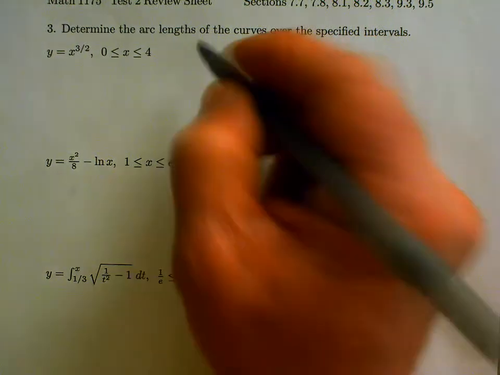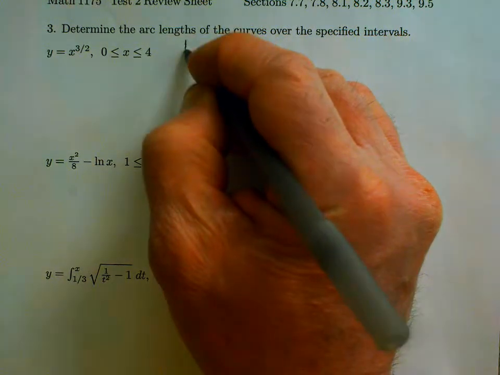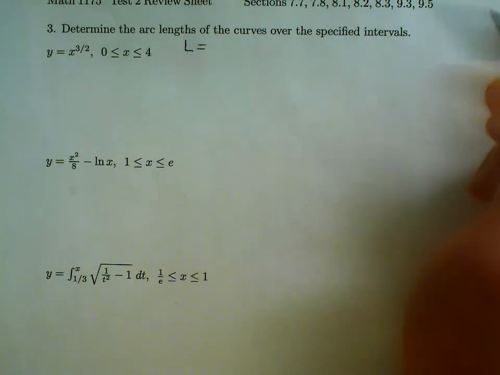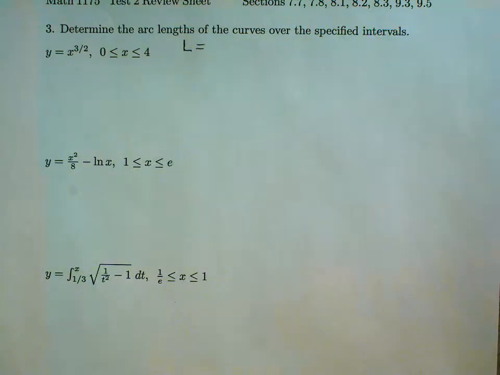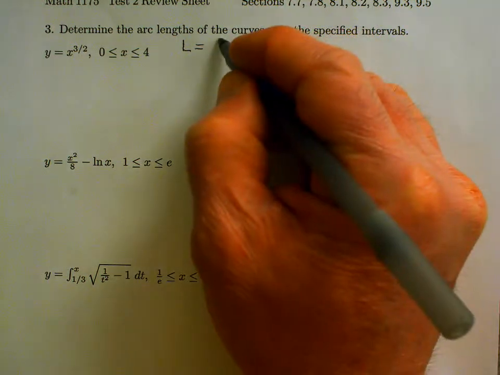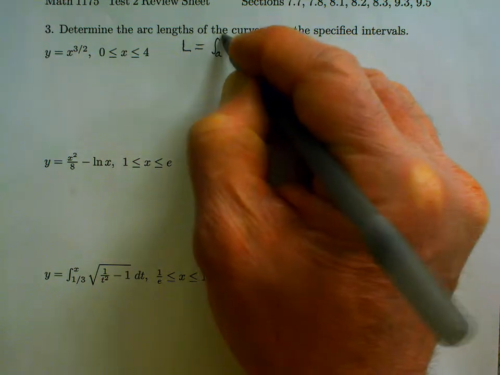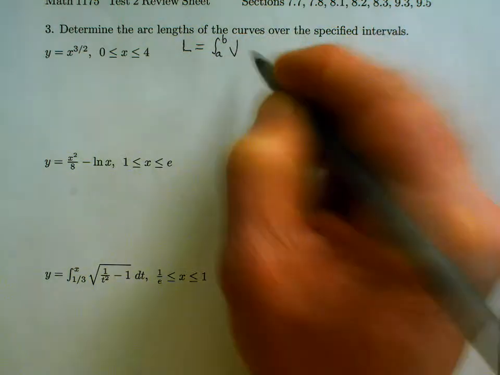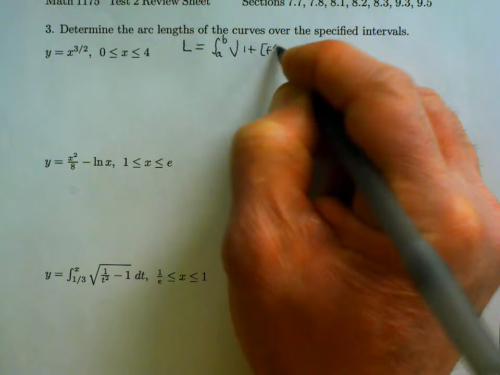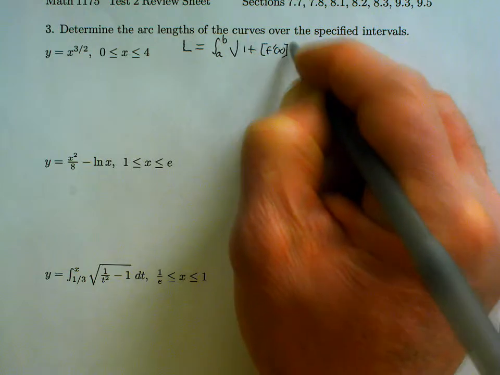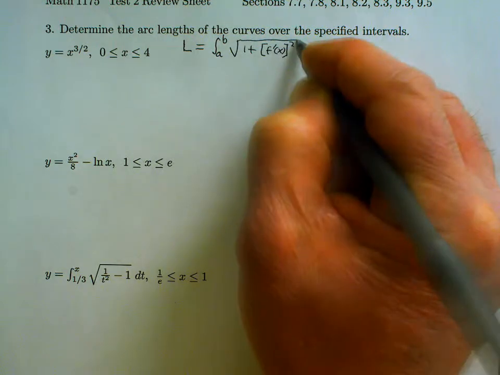Okay, so in the arc length formula, I'll write that down here, the arc length of a function y equals f of x on an interval from a to b is the definite integral from a to b of the square root of 1 plus the square of the derivative, dx.